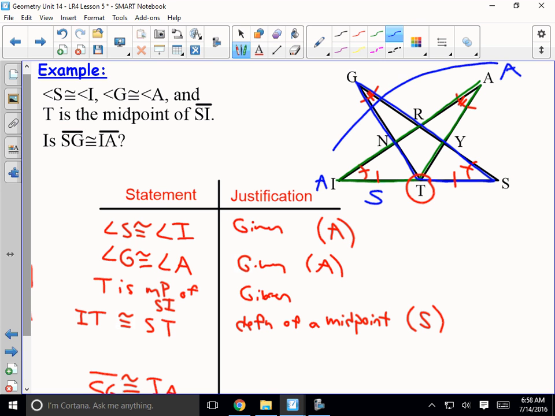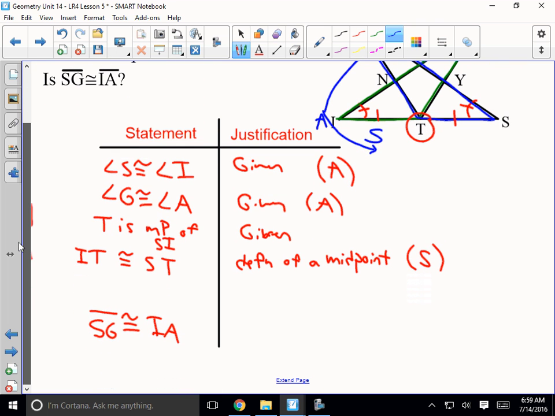From angle to angle, I'm skipping over one side, which is okay. And from this angle to this side, they're connected, so I'm not skipping over anything. So I do have enough for a congruent statement, and it would be angle, angle, side congruence.